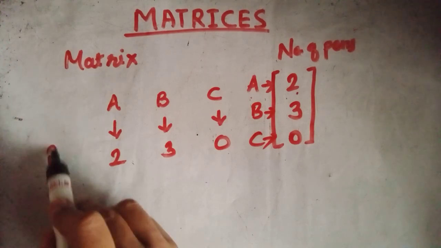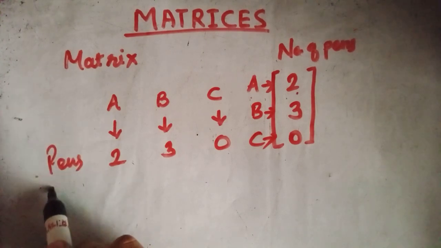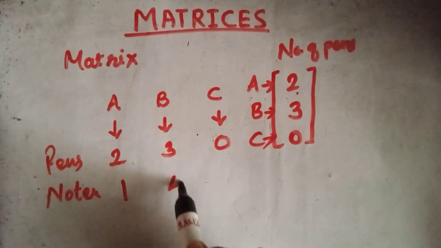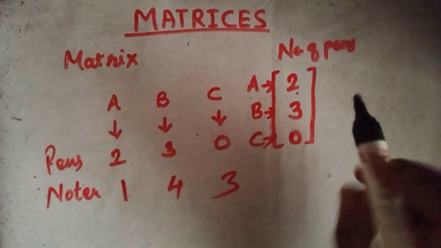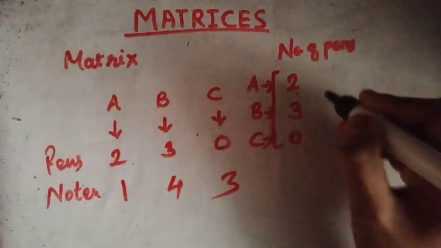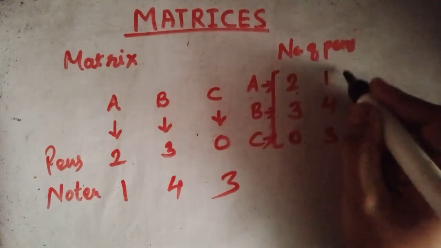Suppose we have one more piece of information, say about notebooks: 1 notebook, 4 notebooks, and 3 notebooks. Then we can add here a column of notebooks.